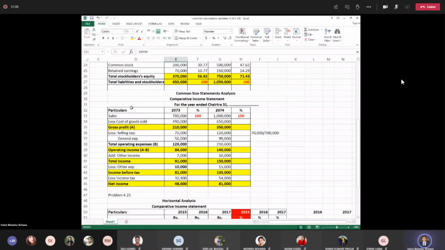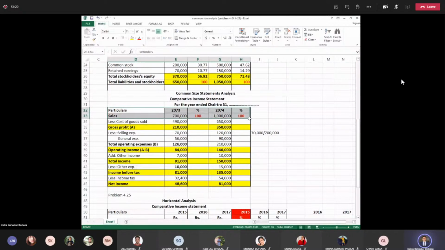Now you simply copy the questions for 73 and 74. Then calculate the percentage of each and every component in the income statement on sales, assuming sales as 100%. 4,90,000.